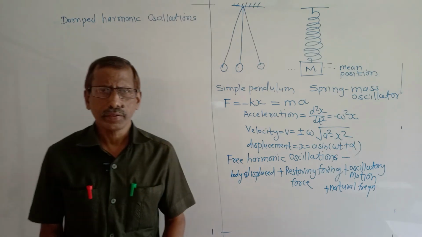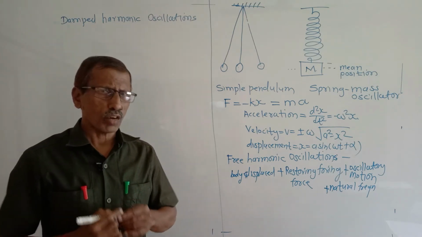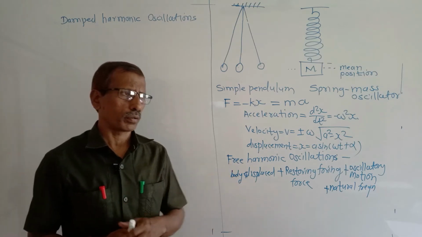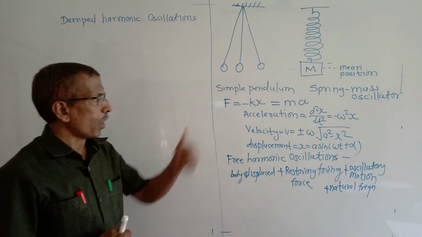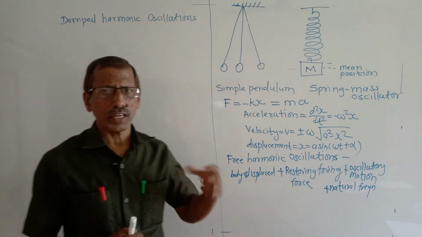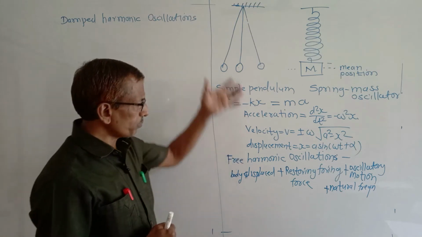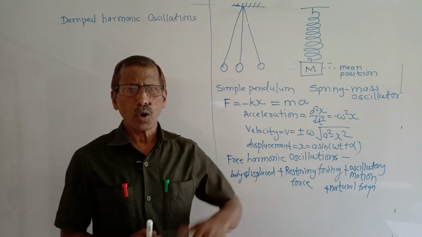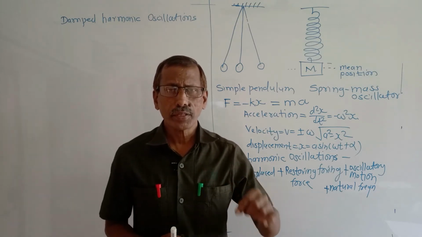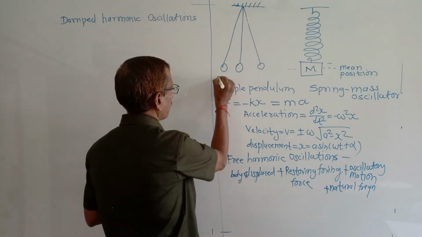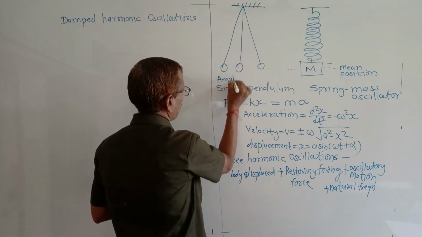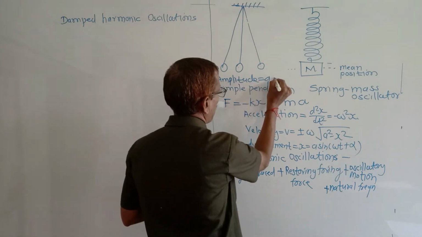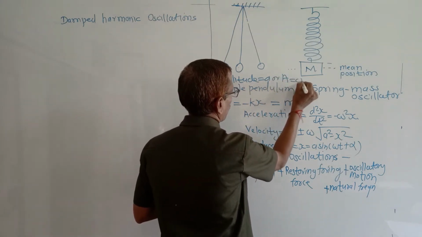When we study the motion of a simple pendulum or a spring mass oscillator, what do we consider? We consider the ideal case. When we study all these equations, we assume that the amplitude of oscillation, A, small a or capital A, is a constant.